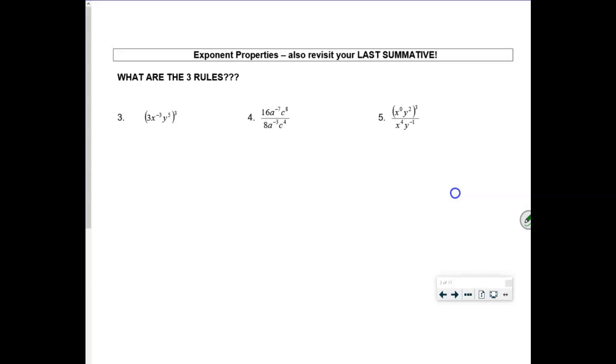Okay, let's talk about the 3 rules of exponents. Mrs. Meyer, who's going to help me with the 3 rules of exponents? Jason, what are they? 3 rules for exponents. How do I know when I'm done? No parentheses. All right, what else? Combine, yep.